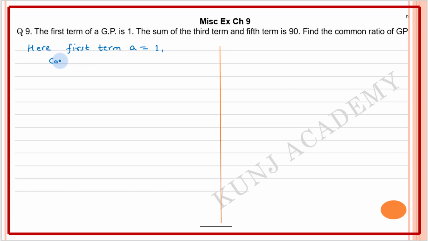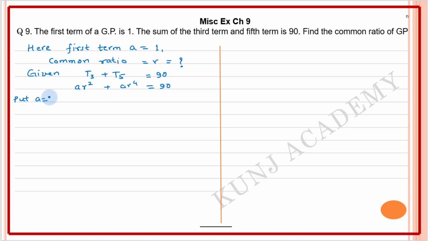Common ratio is equal to r. We have to find r. Given third term plus fifth term is equal to 90. Third term is a r^2, 3 minus 1. Fifth term is a r^(5 − 1), r^4.